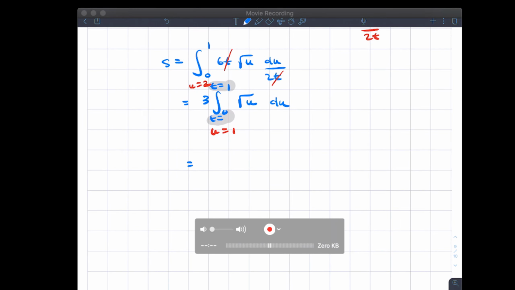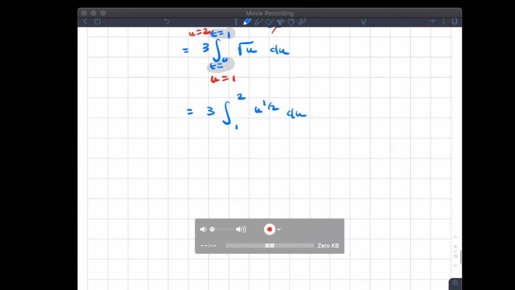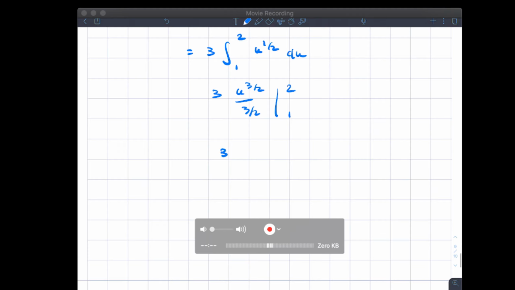So we'll have 3 times the integral from 1 to 2 of u to the 1/2 du. And you'll end up with 3 times u to the 3/2 over 3/2 from 1 to 2 that we have to evaluate. This is 3 divided by 3/2, but you guys know it's multiplied by the reciprocal, right?